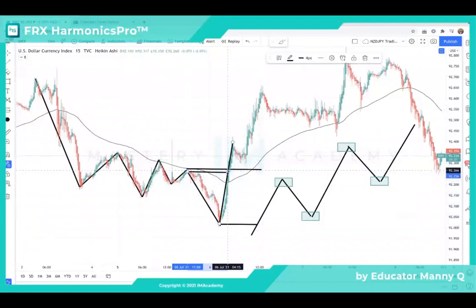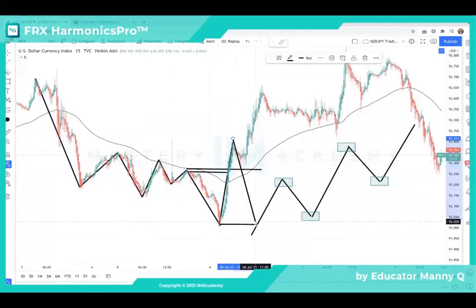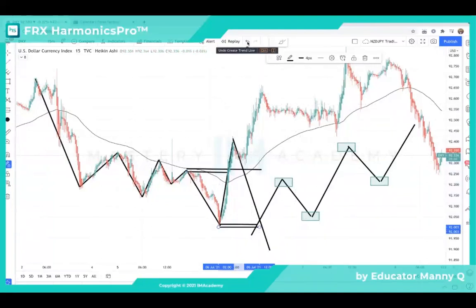The second sign that the market structure is reversing is now that this market has created a new high point, when the market pulls back down. If the market does not create a new lower low like this, if the market does not break this low, then this is a sign that the market is going to begin reversing.